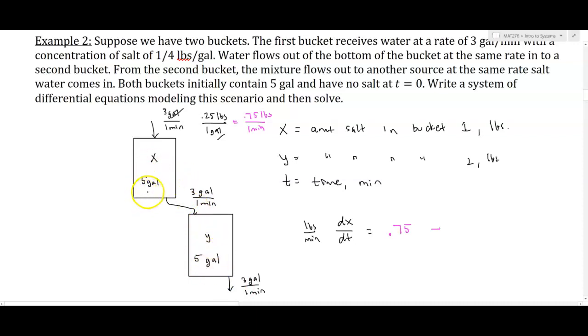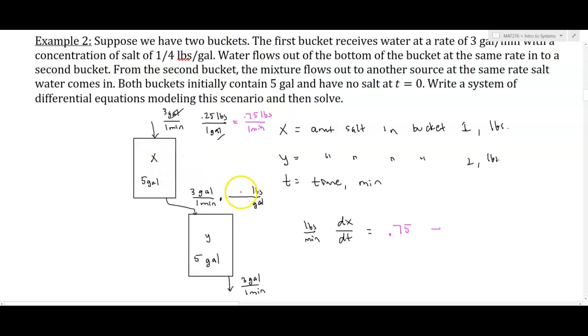So in terms of the flow rate, I have 3 gallons per 1 minute, but I can't just put 3 here because that measures gallons per minute, not pounds per minute. So I need to multiply this by some number of pounds per some number of gallons. Well, that's just my concentration of what's inside the bucket.